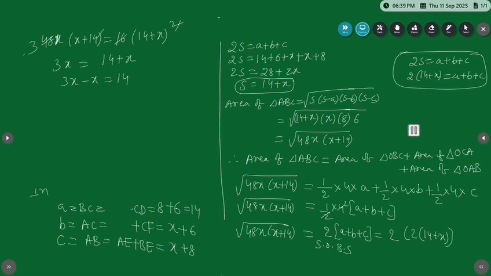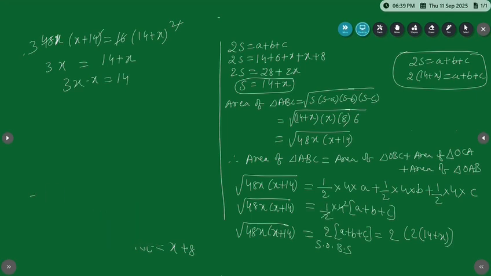Therefore 2X equal to 14, X equal to 7. Now we find the AB side.